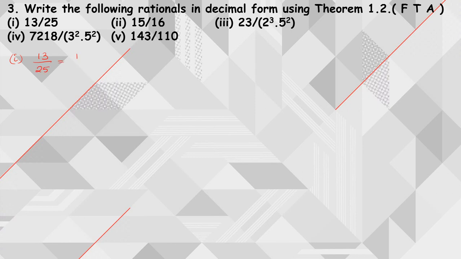Now if you observe this, I can write 13 by 25, where 25 means 5 square. So what is missing here? 5 square means you can take 2 square, 2 square in the numerator and 2 square in the denominator. So 13 into 2 square, 13 4s are 52, by 5 square into 2 square, which is 10 square.